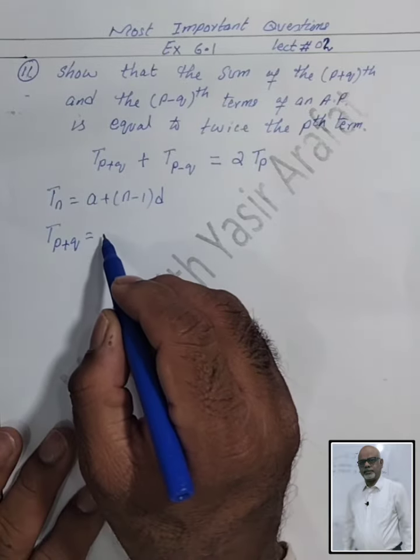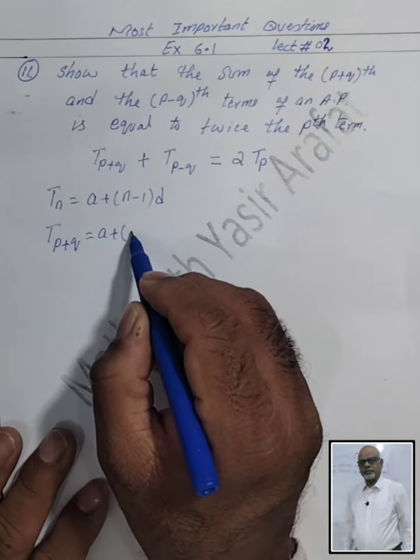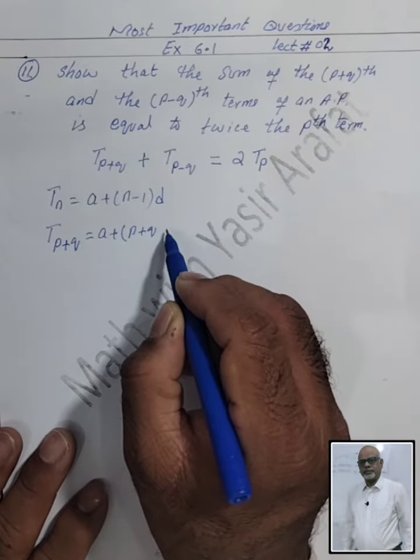First we find the value of T(p+q). For T(p+q), the value of n is p plus q.